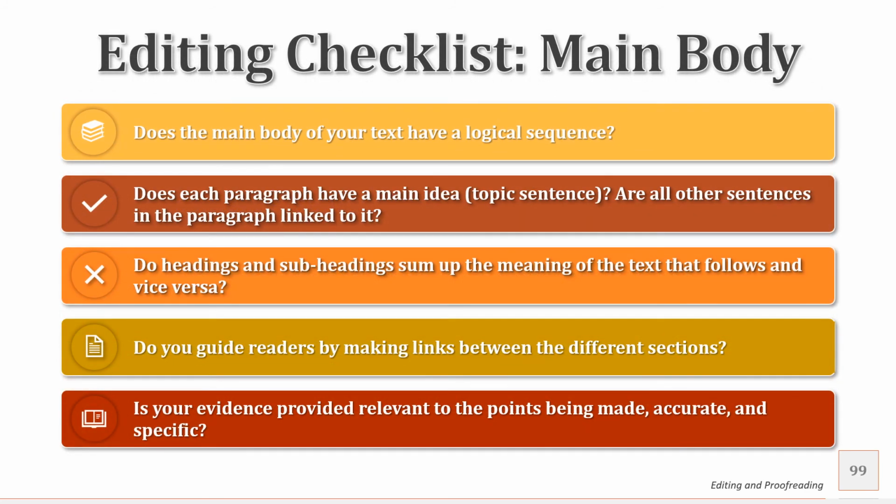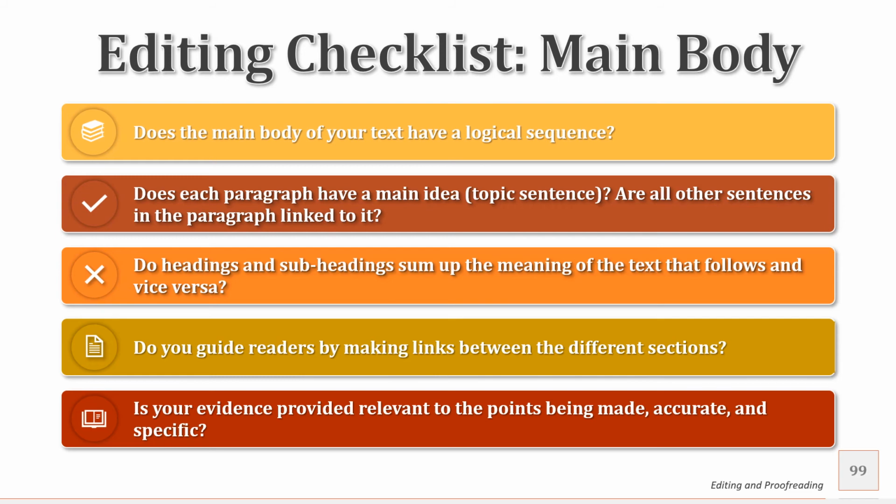Next, look at the main body of your assignment and ask yourself these questions. Does the main body of your text have a logical sequence? Does each paragraph have a main idea, also known as a topic sentence? Are all of the other sentences in this paragraph linked to that? Do your headings and subheadings sum up the meaning of the text that follows, and vice versa?